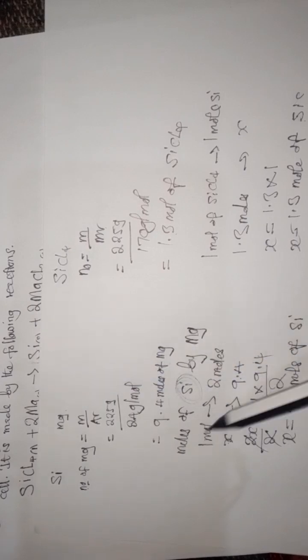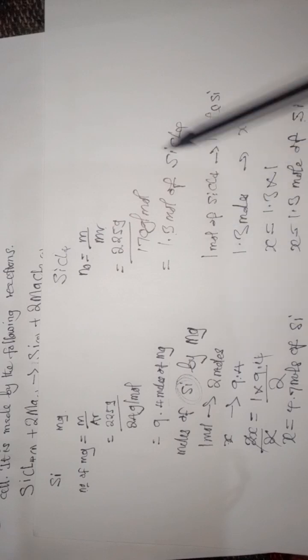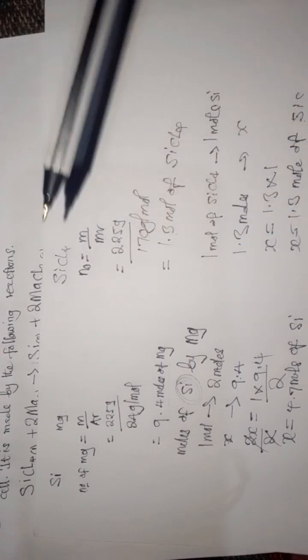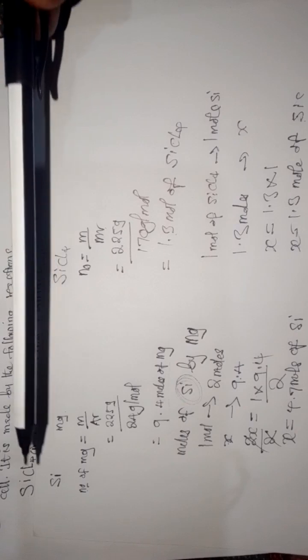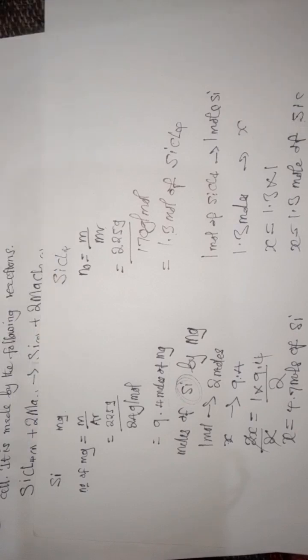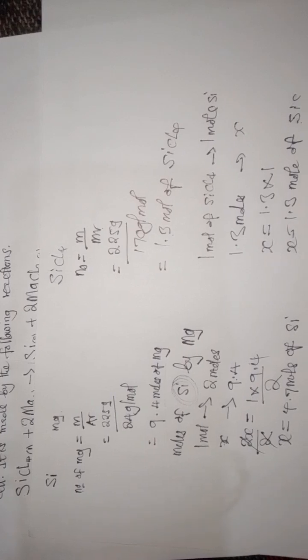This is what we are calculating here. We found that it's 4.7 moles. But after comparing the same silicon here to silicon chloride, our number of moles is what? 1.3. Therefore, the one with the smaller number of moles is the limiting reagent.